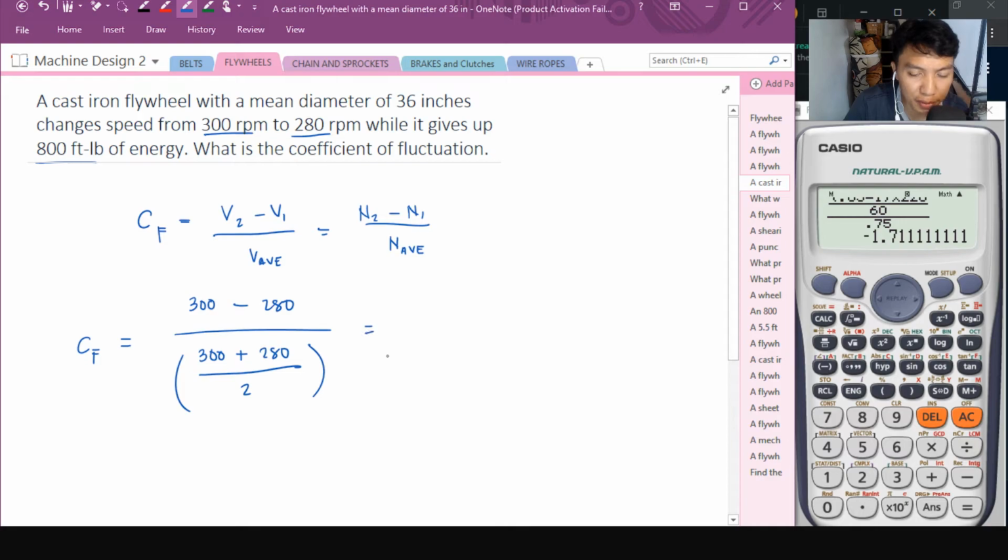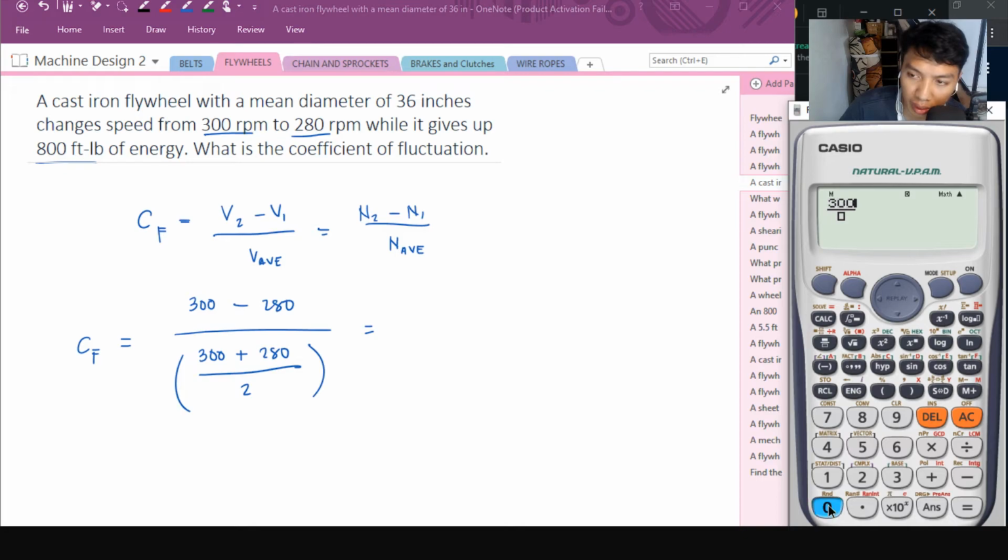So, the coefficient of fluctuation there is 300 minus 280 divide by 2. That is, coefficient of fluctuation is, ay, minus ko pala. Dapat to plus. Yeah. So, that is equal to 0.069.